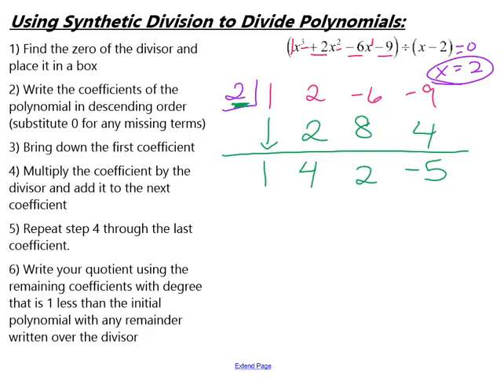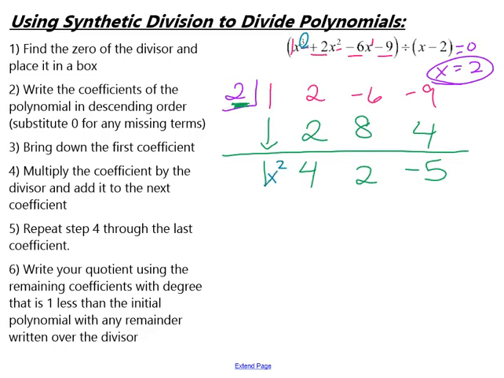We need to write your quotient using the remaining coefficients with degree that is 1 less than the initial polynomial. So what that means is we're going to look at our degree from the problem, which was 3. So we're going to subtract 1, and then that goes with our first coefficient, x squared.